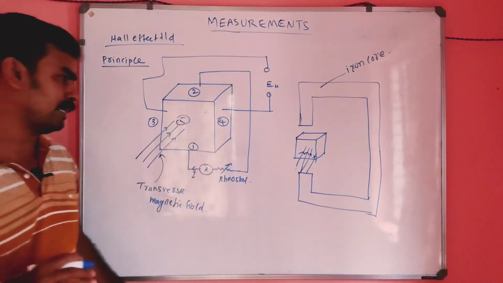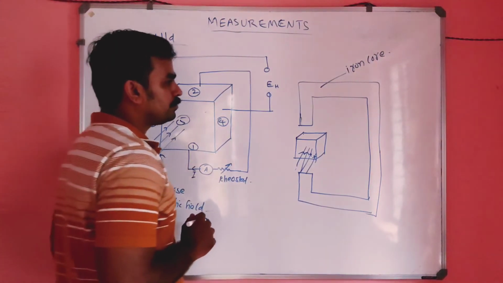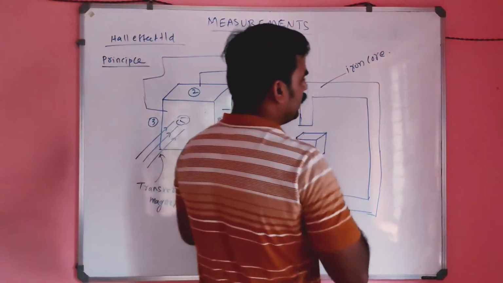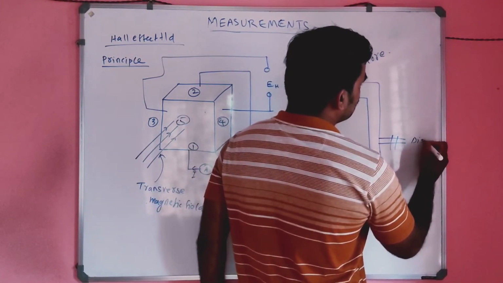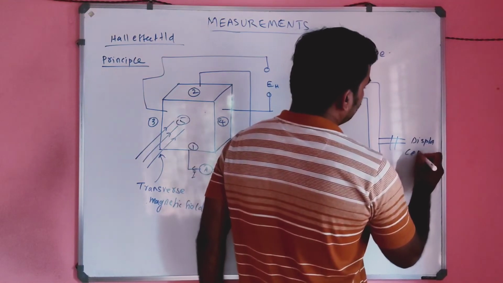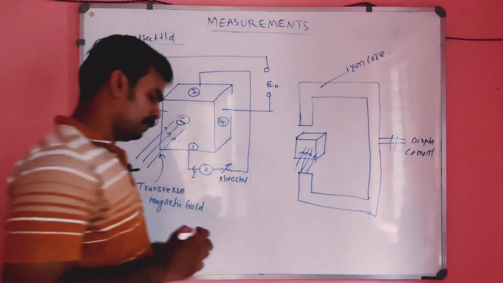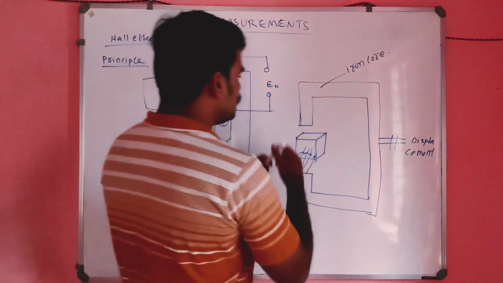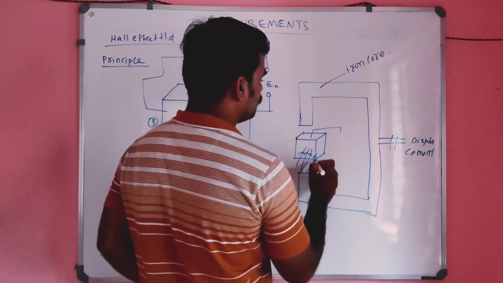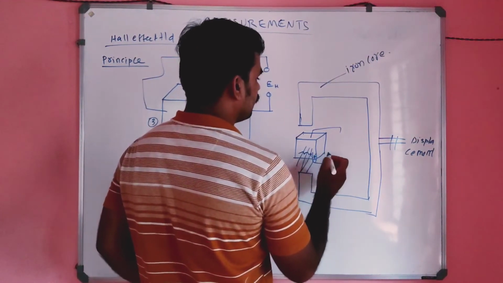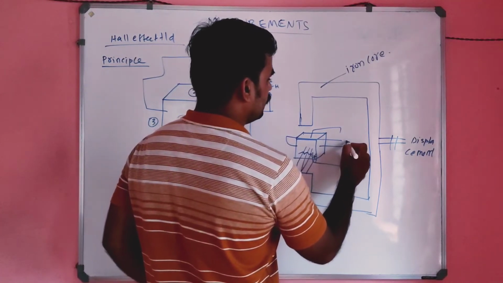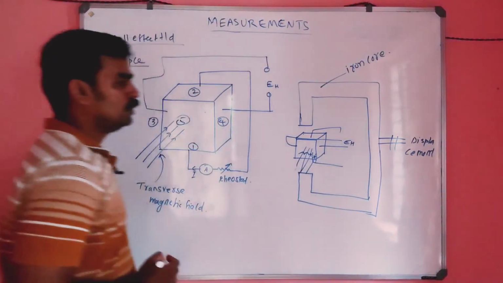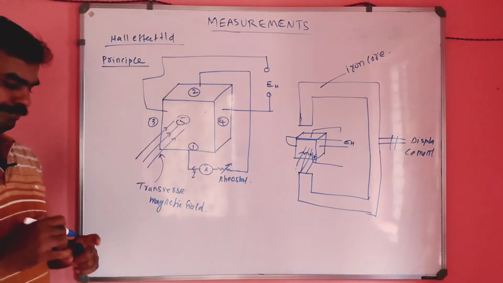You have to arrange it in that manner, and this is coupled to any of the mechanical displacement systems. This whole arrangement will be like this, and across this and this you will get EH and all. Okay, that's fine.